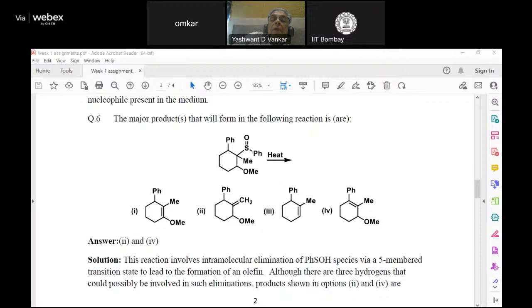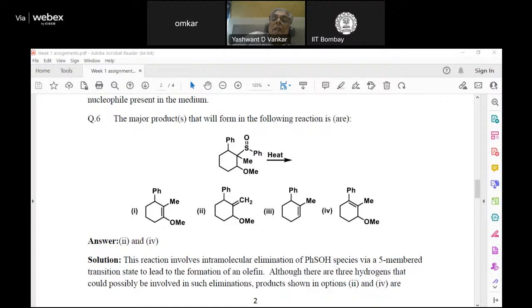Now, the question comes: why are we not getting the product number 3? The reason is that this hydrogen, which is next to the methoxy group and is also a tertiary hydrogen, when the oxygen of the sulfoxide comes in close proximity to it for the elimination to take place, then it encounters the lone pair of electrons on the oxygen here.